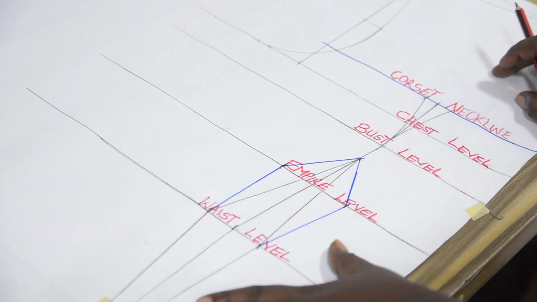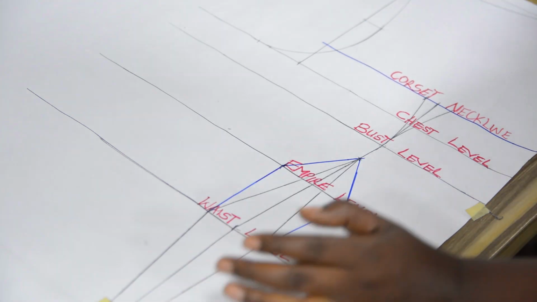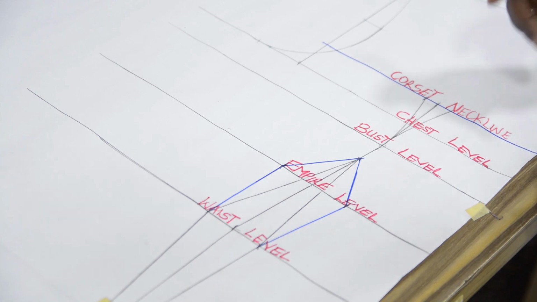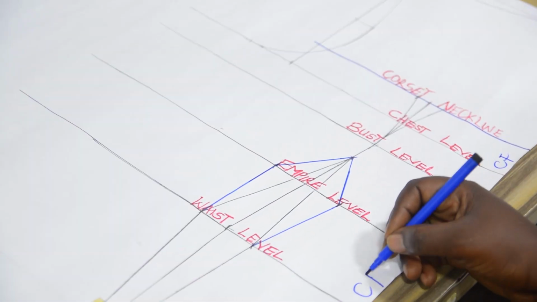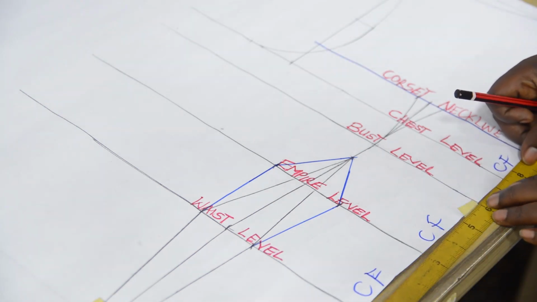Now the next step is to start constructing our breast cup. In doing this, I'll come to the chest level at the center front. Then I will take this downward by 1 inch.